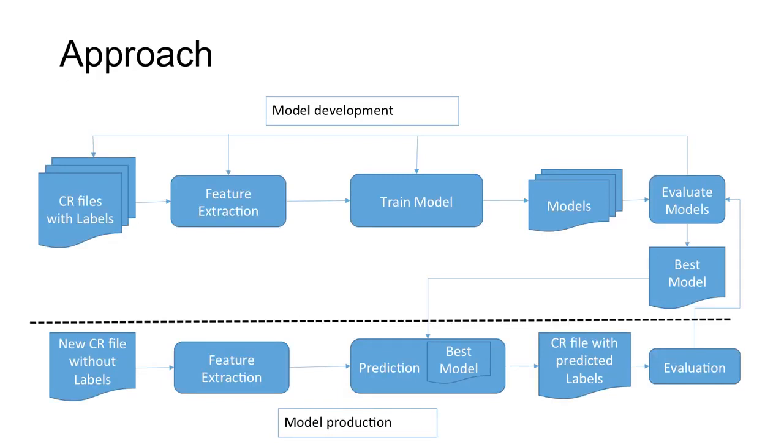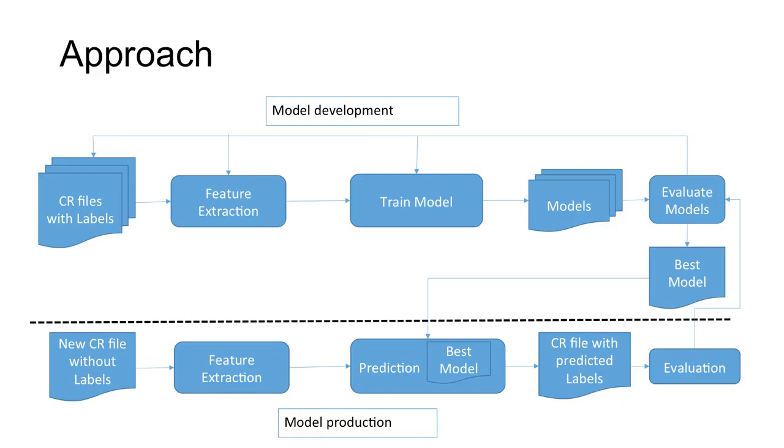Now I'll talk about the approach. This is the standard workflow for any machine learning process. In the first phase, we develop a model, and when the model is developed and validated, we use it for production. In the model development phase, we use lots of clerical review files with labeled record pairs as input data.